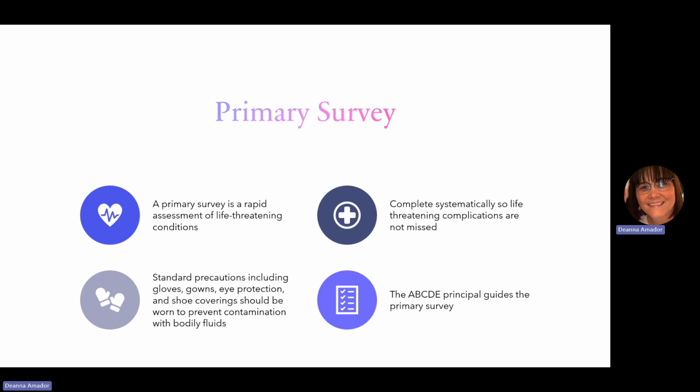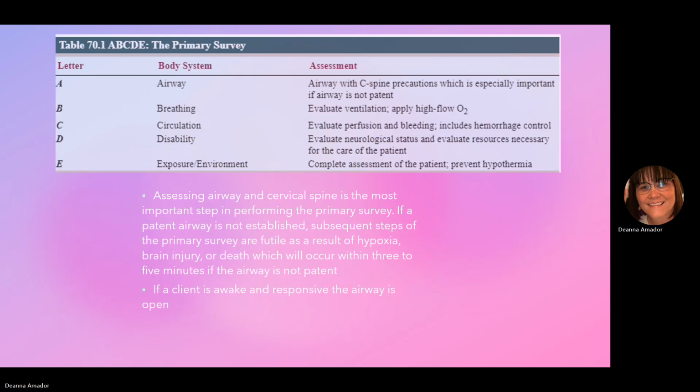I know you guys know your ABCs. Now there's ABCDE. This slide talks about the ABCDE of that primary survey. It begins immediately when the patient arrives to the hospital.